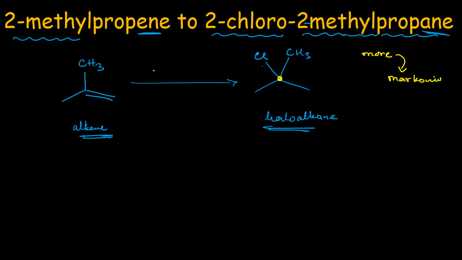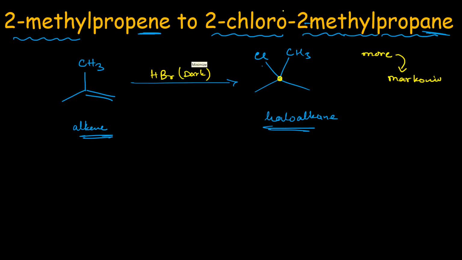Correct. So the reagent will be HBr. And sometimes you will see in some books, they write dark here. That means we are not doing it in the presence of light. If light is present, it will form some kinds of radicals, and then it will do anti-Markovnikov addition. That is why we usually write dark sometimes here. Okay. All of you got this? Yes or no? Please tell me.